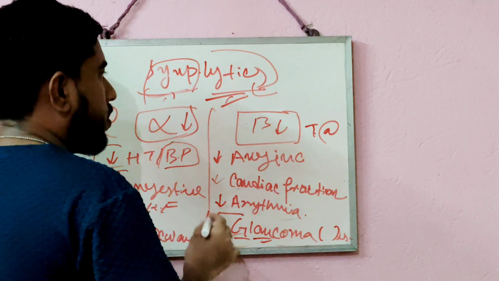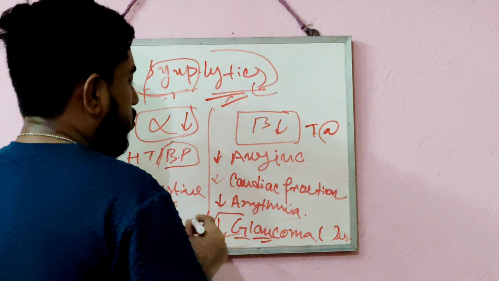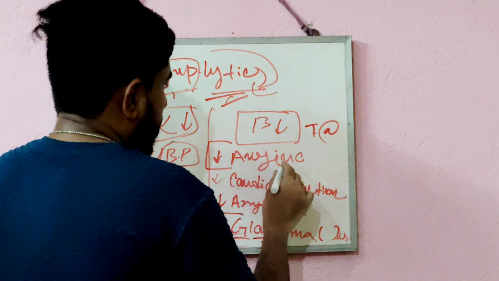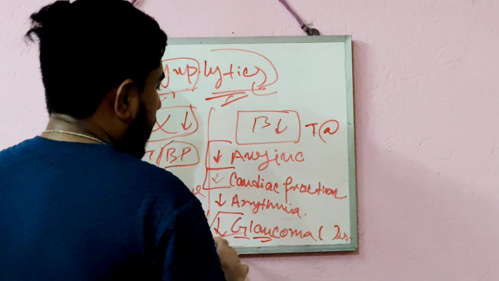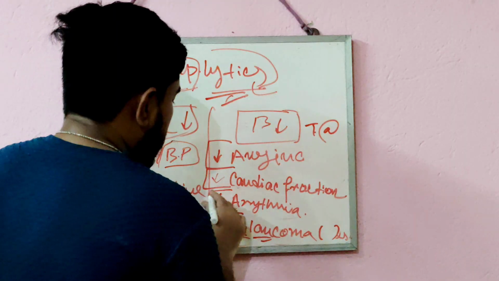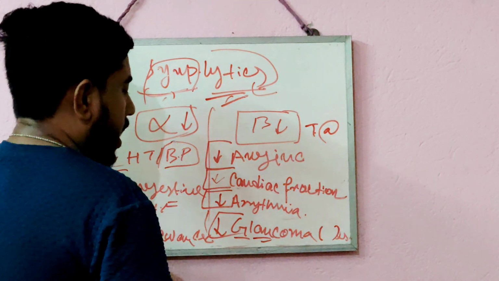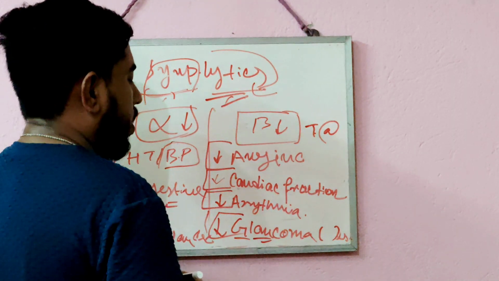So beta blockers, sympatholytics, can be used to treat angina pectoris. They can also be used to treat cardiac arrest or myocardial infarction, cardiac arrhythmia or irregular heartbeat.